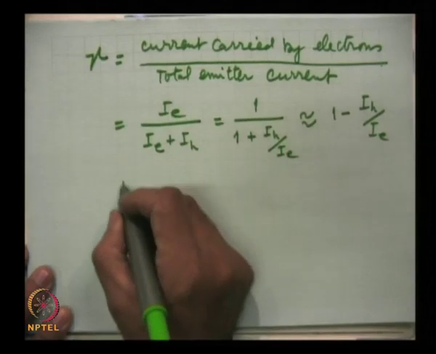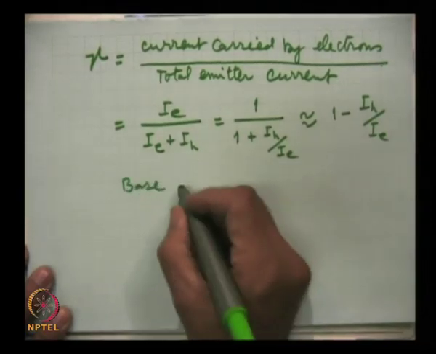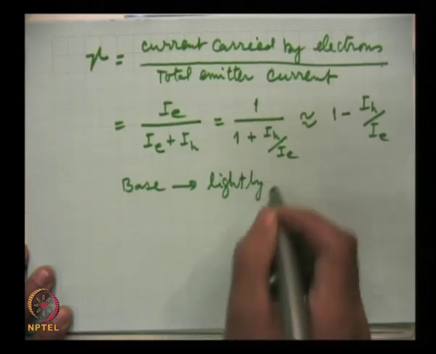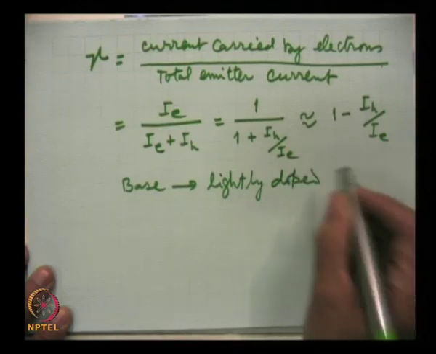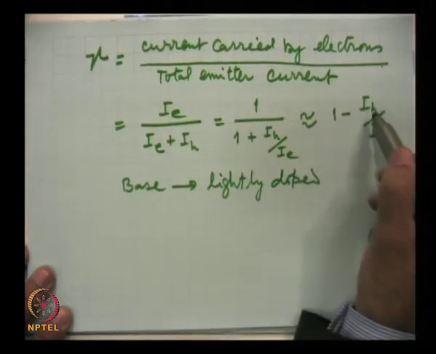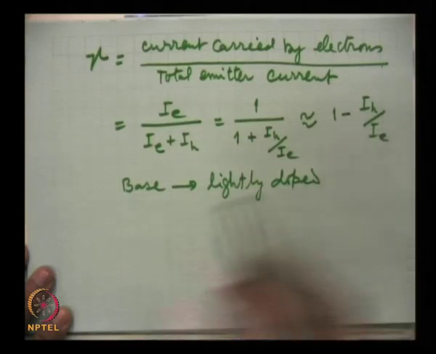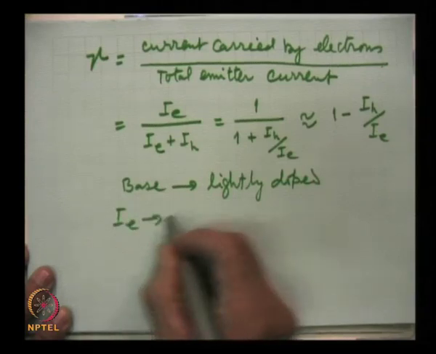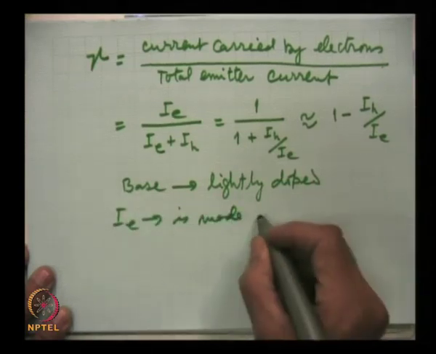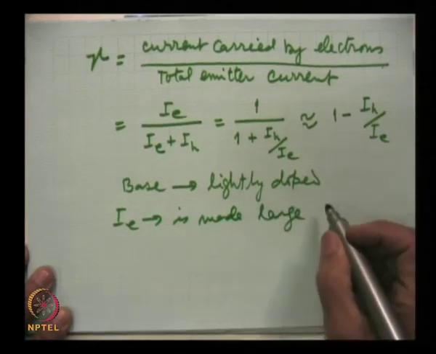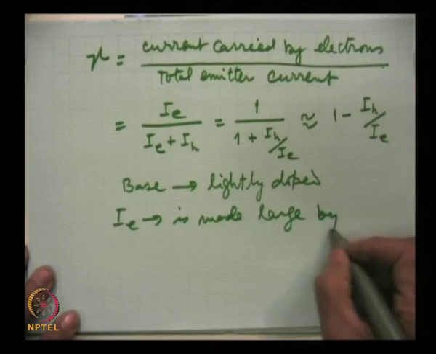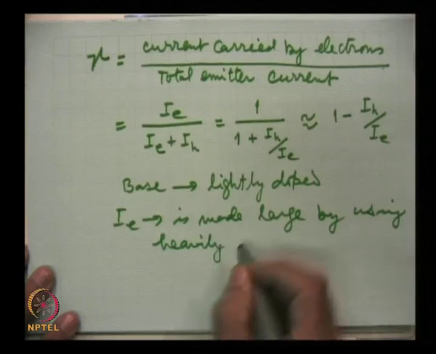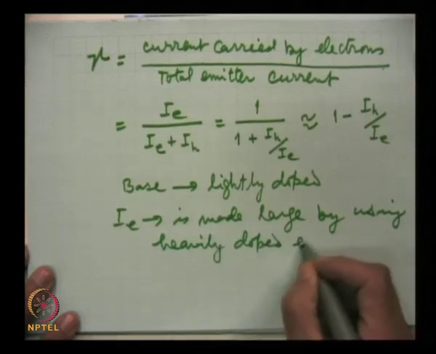So, the base we keep very lightly doped, that will reduce this whole contribution to the current, and Ie is made large by using a heavily doped emitter.